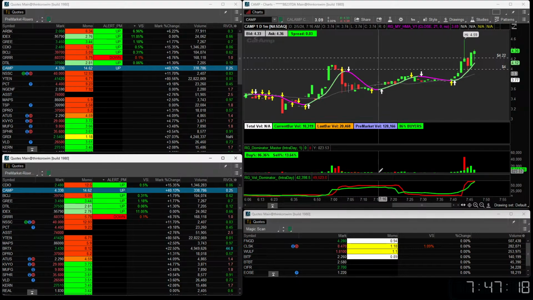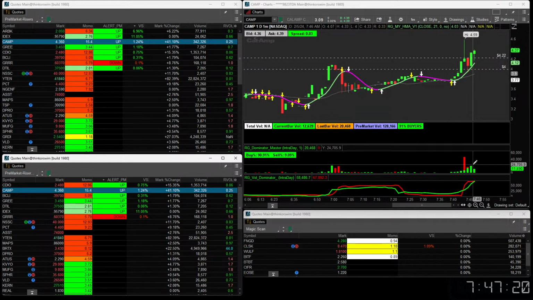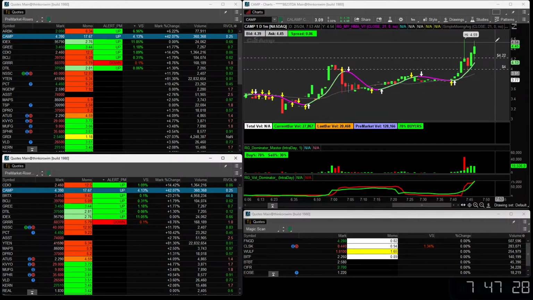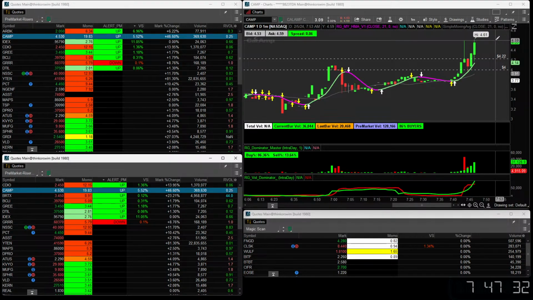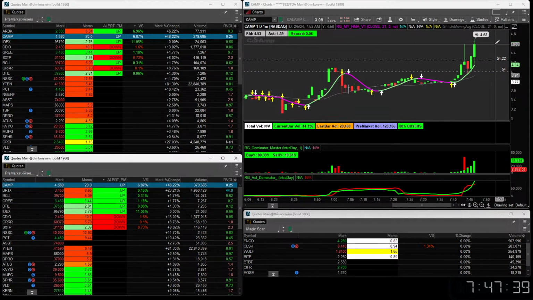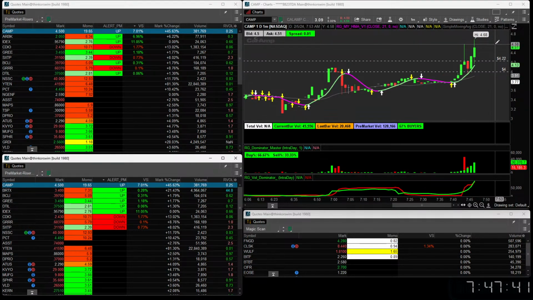Got some green bars coming back in on Dominator Master. Looking pretty strong. Maybe a retest of that 4.59 right up in here. There's that 4.59. Broke through it. It's got to close above it to break through it and hold.